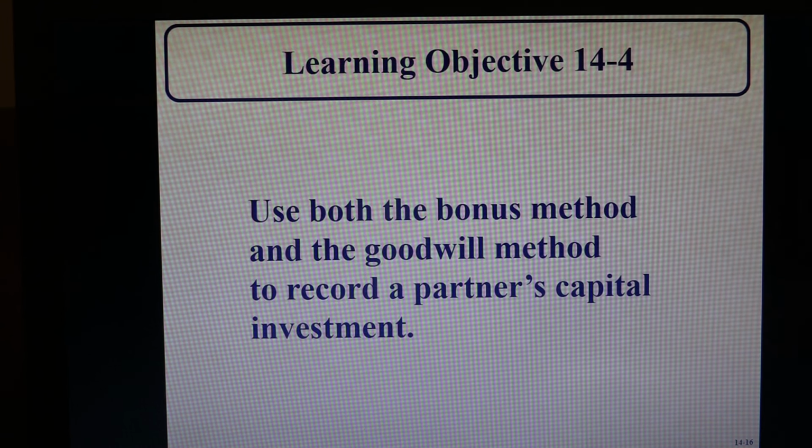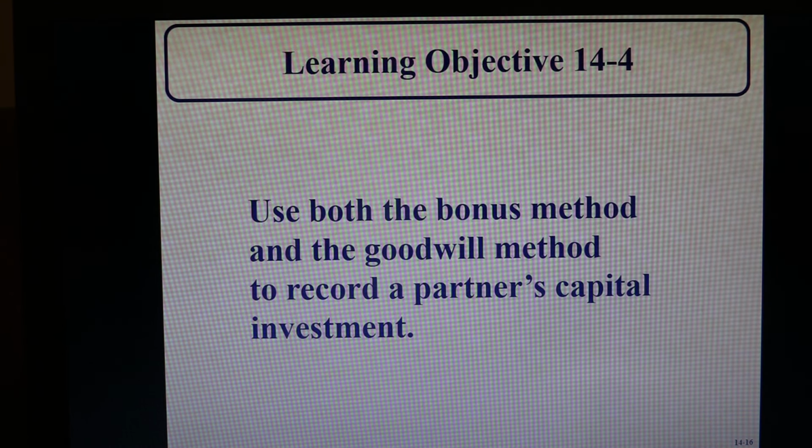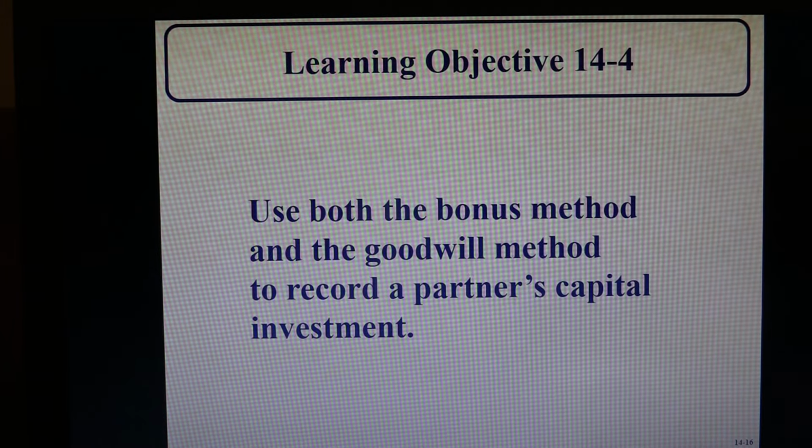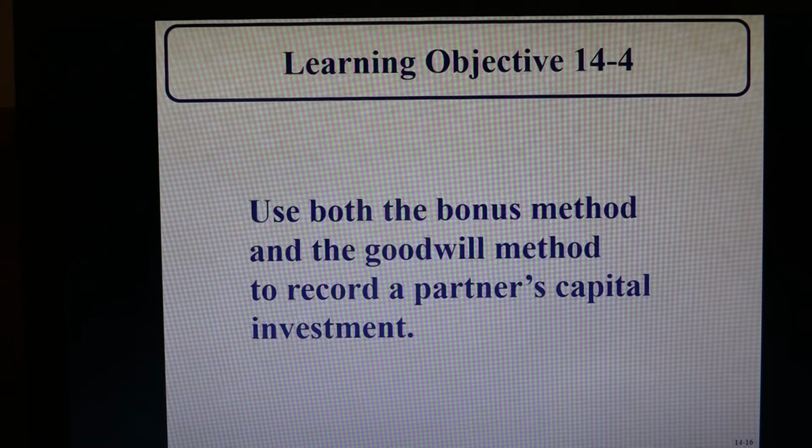Well, how do you handle intangible contributions?